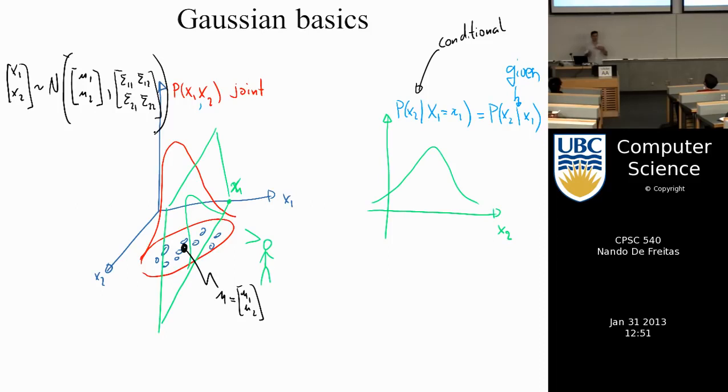Sigma 1,2 and sigma 2,1 are just a transpose of each other. And one of the properties that a covariance must have: if you have a 1D variable, the sigma for a 1D Gaussian happens to be the width of the Gaussian. So the width has to be positive. It doesn't make sense to have a Gaussian that implodes on itself, that has negative variance.